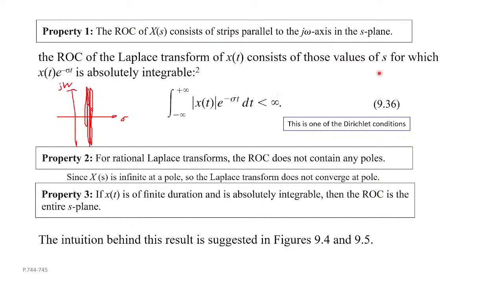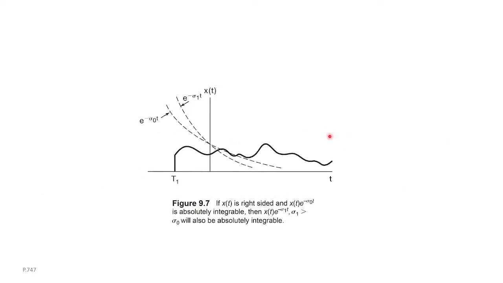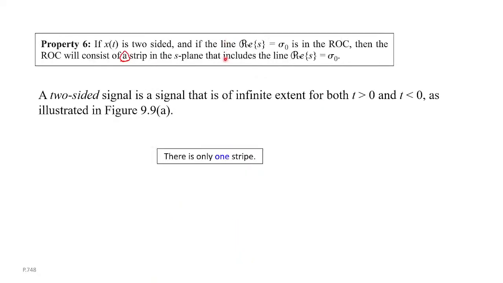One might think there could be 2, 3, 4 strips, or maybe even discontinuous ones, or even infinitely many, but that's not possible. The ROC is going to be only one strip.